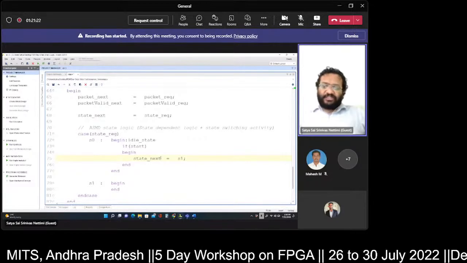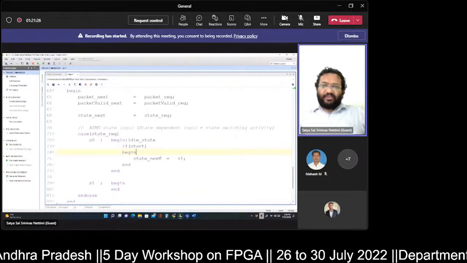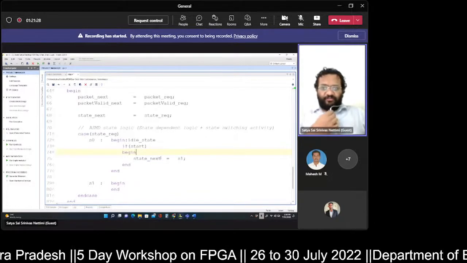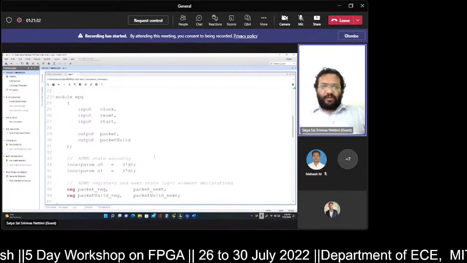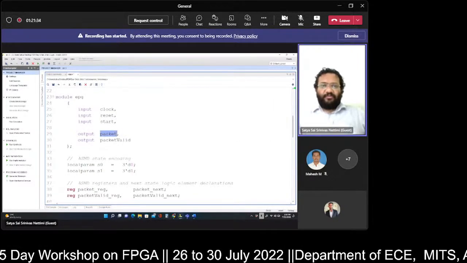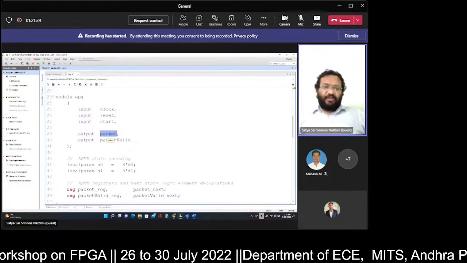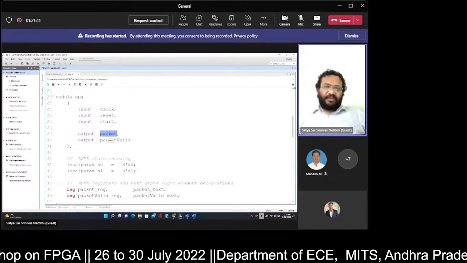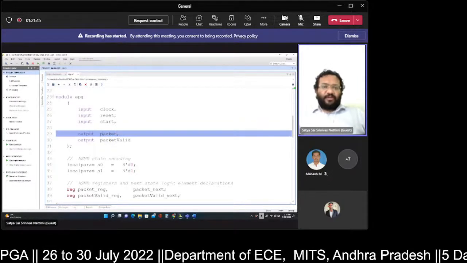So soon after jumping into the next state, it has already begun the process of frame generation. At the output, since I said the output frame will be obtained serially, the frame sequence will be transmitted in the serial transmission manner on the packet output.